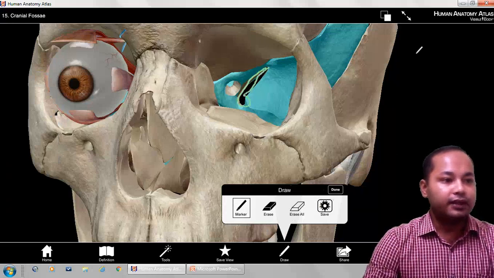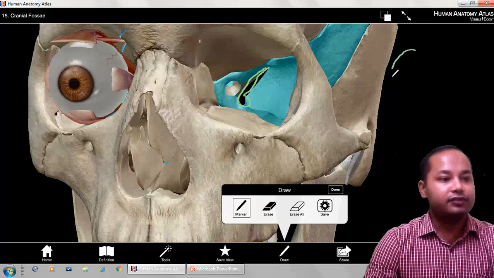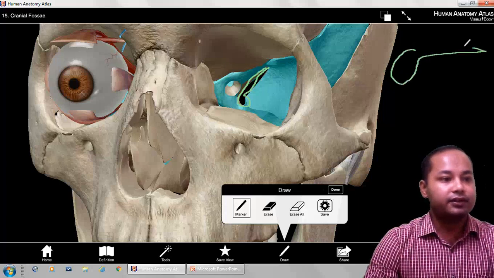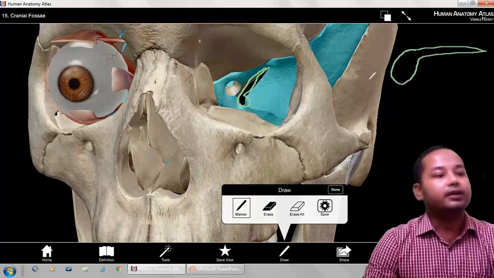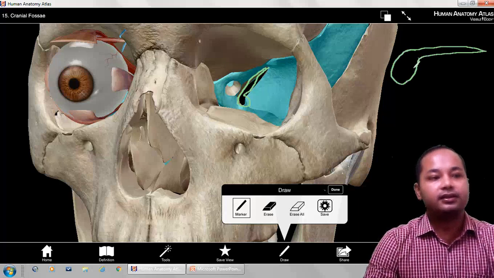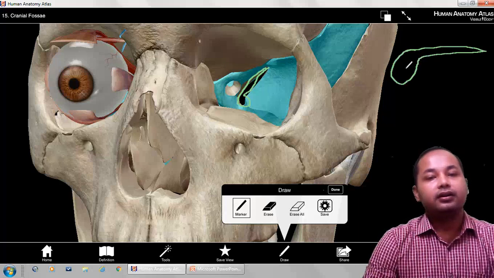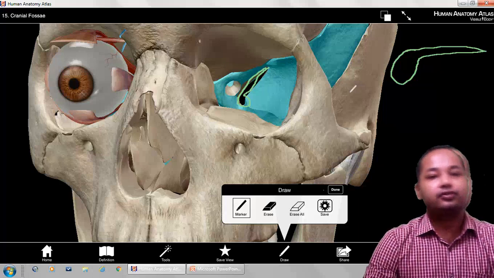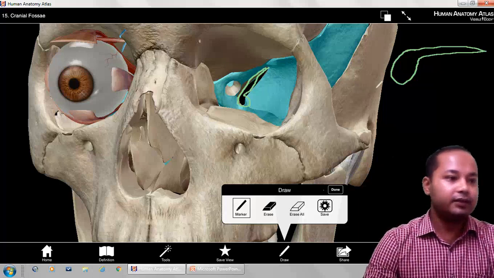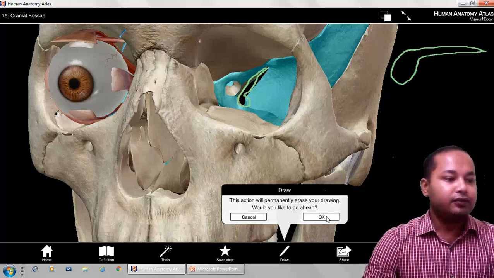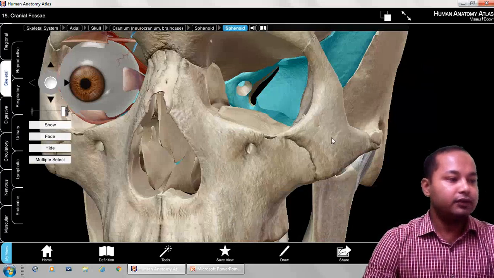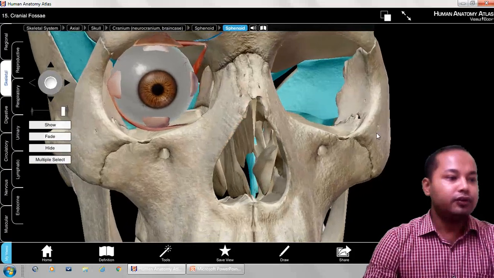In the ancient times in chemistry, they used one kind of flask which is called the retort shaped flask. This is the diagram they are making a simile with, so as to describe the superior orbital fissure.